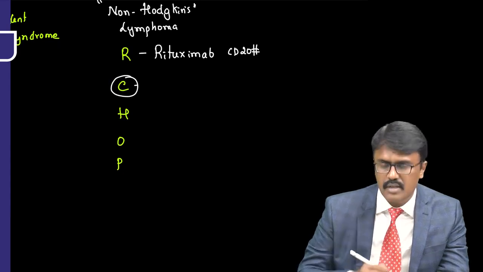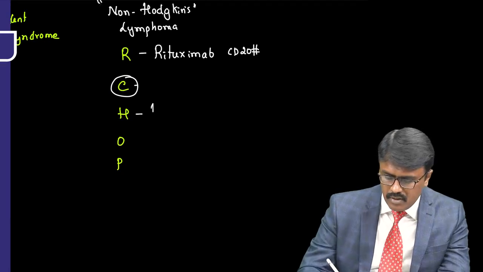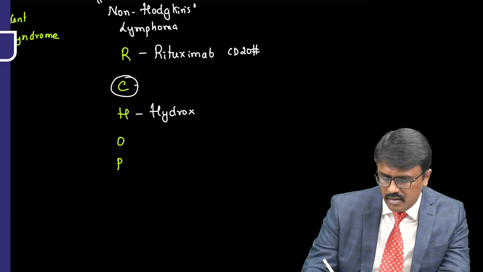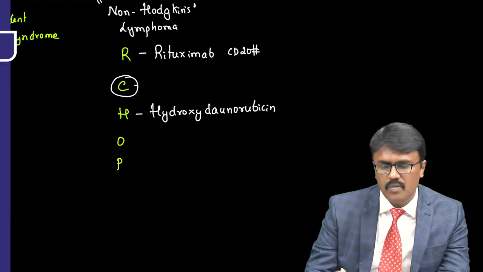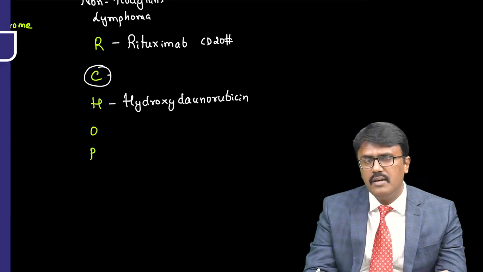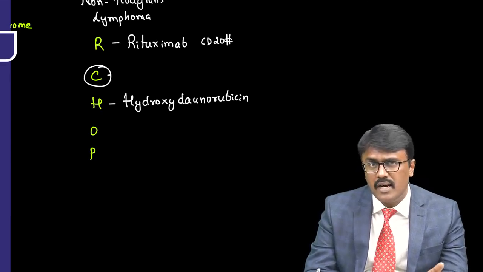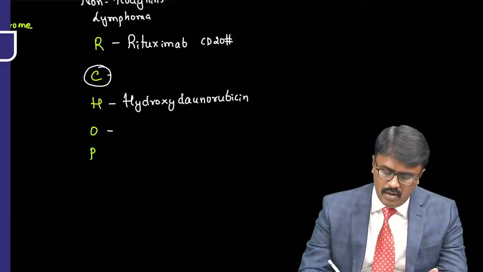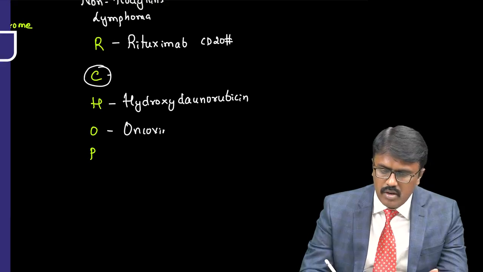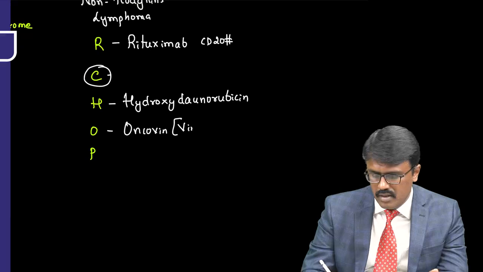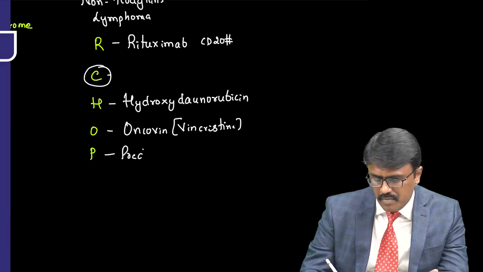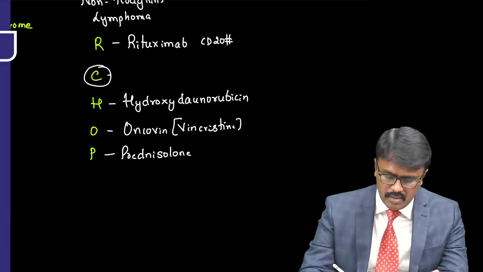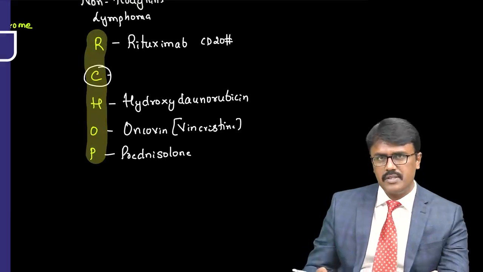C is the drug which we are discussing, that is cyclophosphamide. H for hydroxydaunorubicin. What is the other name for it? It is also called doxorubicin, also called adriamycin. O stands for oncovin, which is vincristine. And P for prednisolone. Again, see the regimens have been given a name and we use multiple drugs.